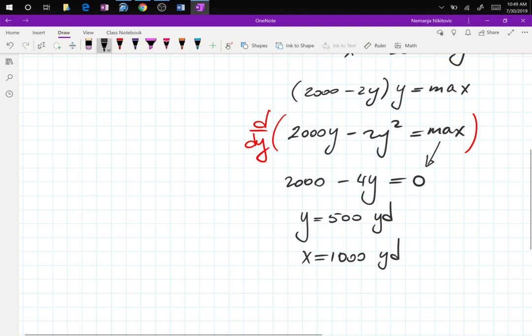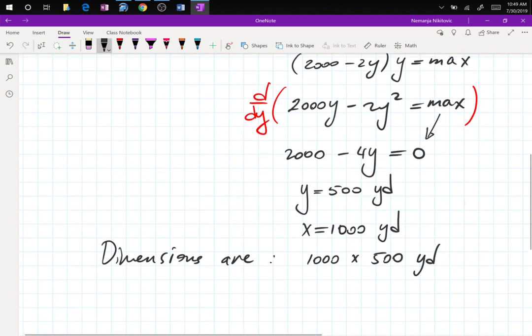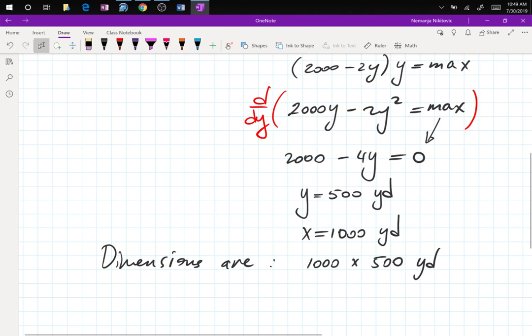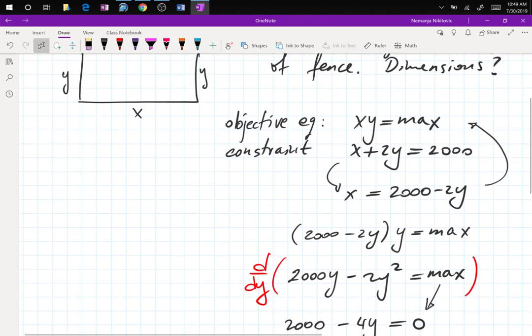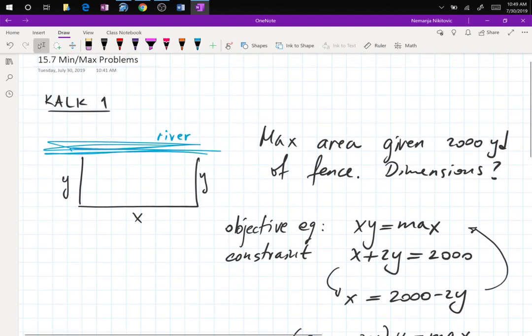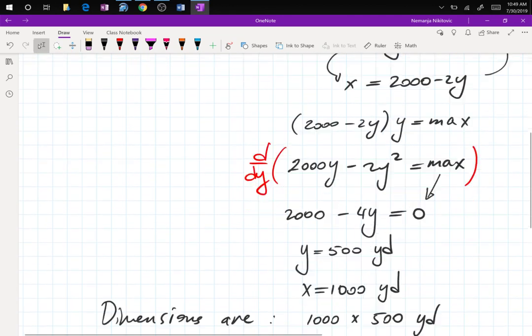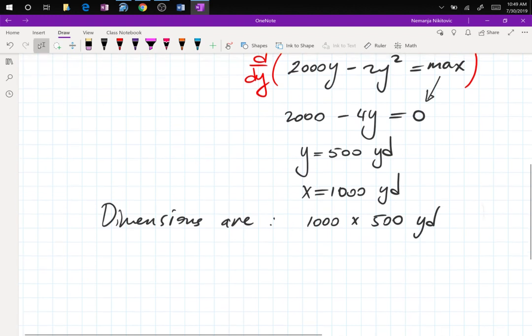Now we know that the dimensions are 1,000 by 500 yards, and that will yield the maximum area. So this is a standard Calculus 1 problem. Most of you should have this on your exams, either the exam or the final, which outlines this procedure.